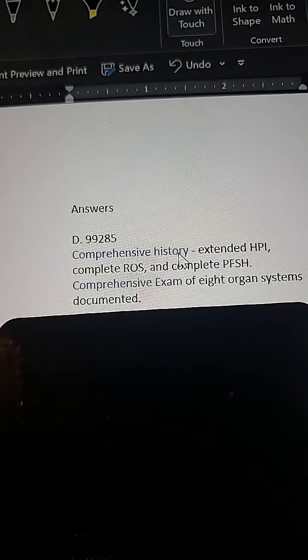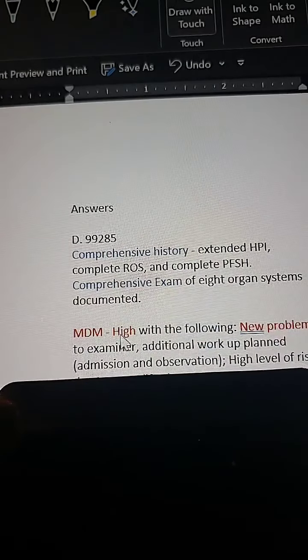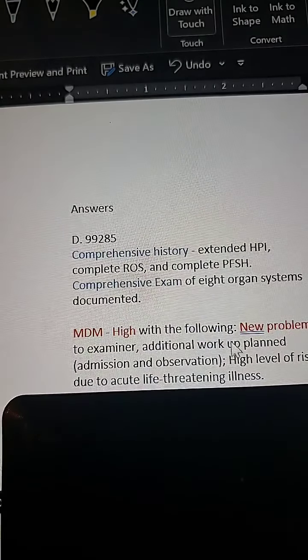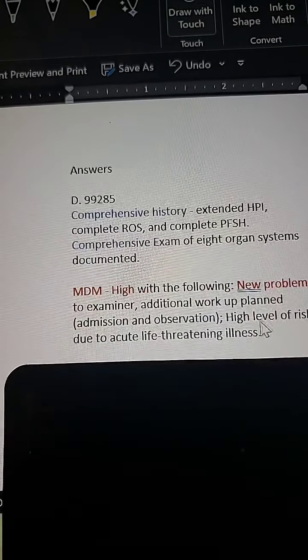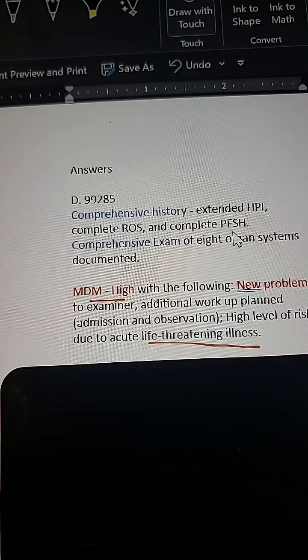All right. Y'all's answers are the 85. We did have a comprehensive history. We had a comprehensive exam, and we had a high MDM because of the risk level for life-threatening illness. They did an extended HPI, complete review of all systems, and a complete PFSH.